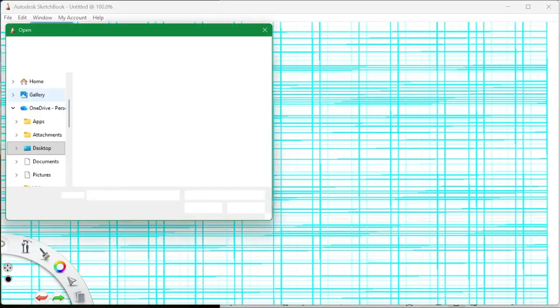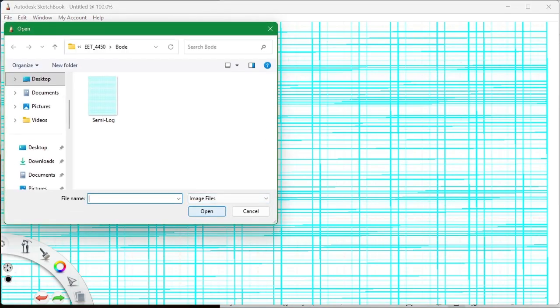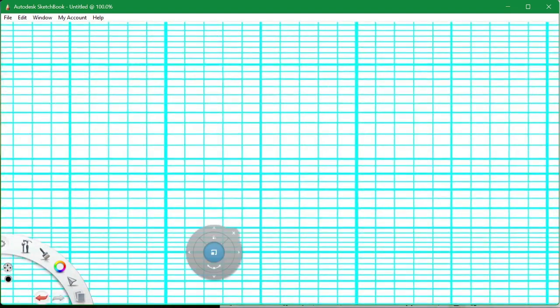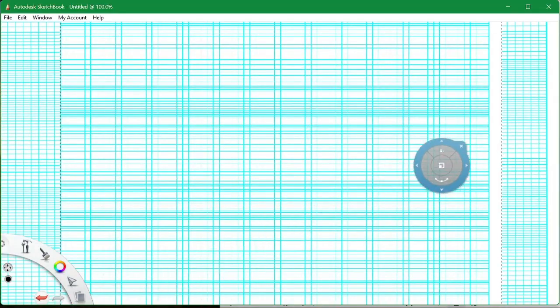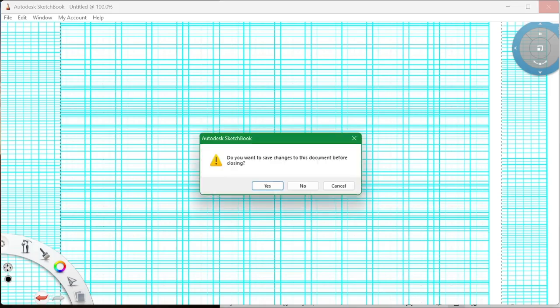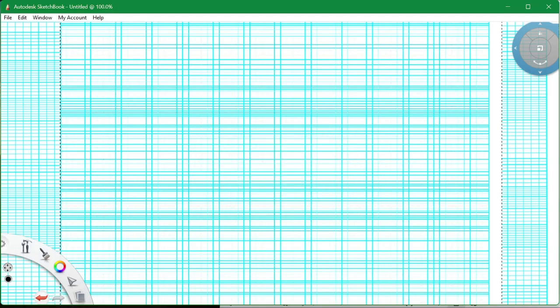Do it again, Ted. Sorry about this. Add image. Open. Click open. Okay, now I've got a fresh one. I want to make it smaller. And I've got it now, and I do not want that one in the background. Let's start the whole thing from scratch, and then I'll get it right.